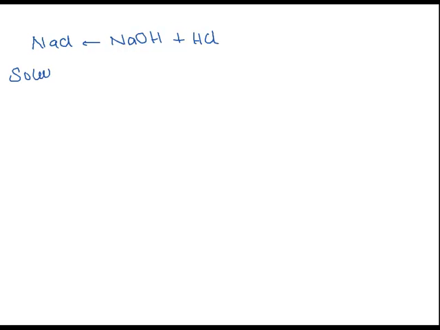So the solution of NaCl will be what, children? It will be neutral. That is, it will have a pH around 7. Right?